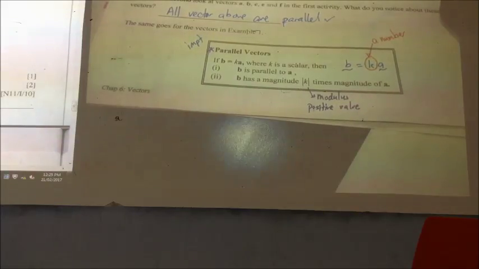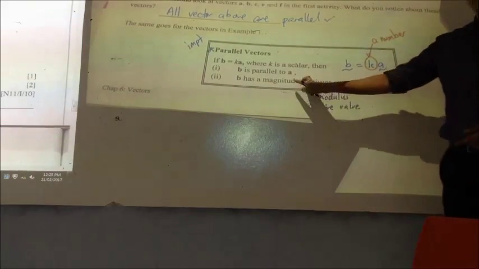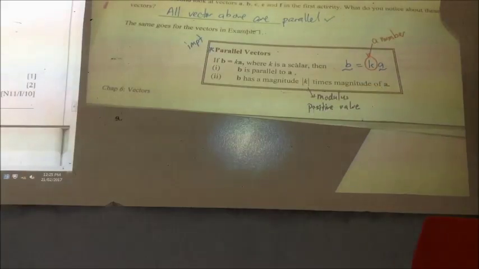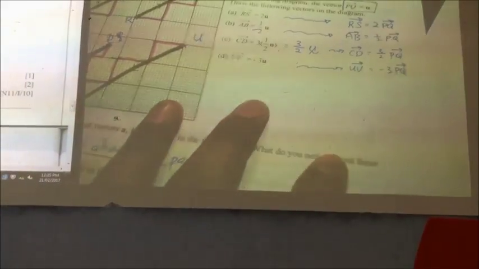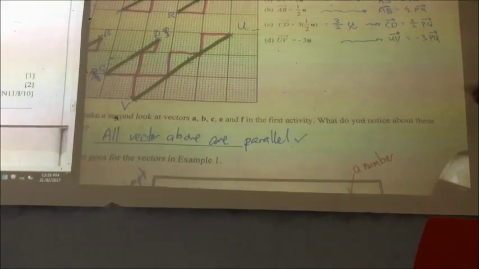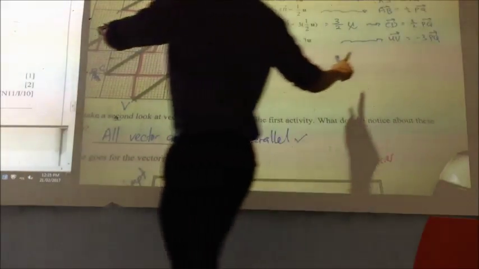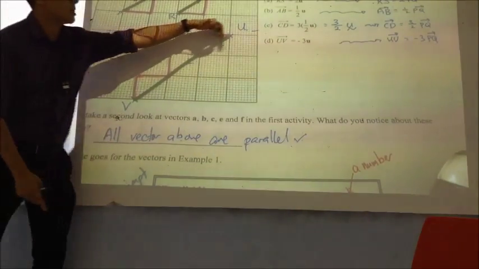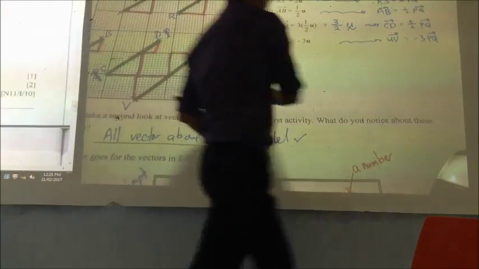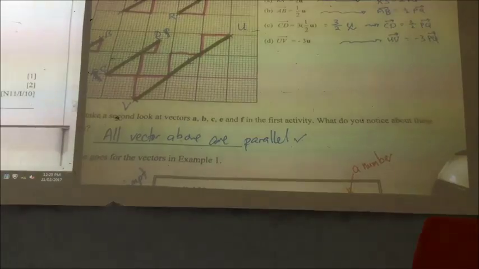Now I give you an example. You may wonder, why so troublesome? Why must I put the modulus? Because I bring your attention back to this UV and PQ. Now look at UV. UV is here coming down. Can you follow? So I use a marker and draw.